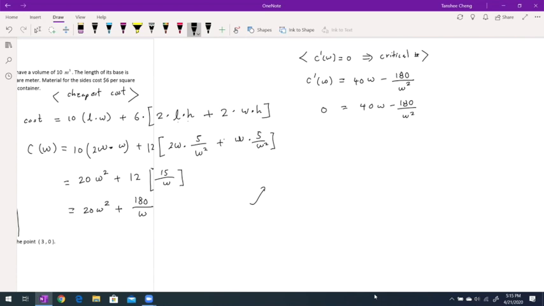When I set this equal to 0, so 0 equals 40W minus 180 over W squared, and multiply both sides by W squared, that gives me 40W to the third power minus 180. To solve for W, I can divide everything by 20, so it'll be 2W to the third minus 9. So my W will be the cube root of 9 over 2.